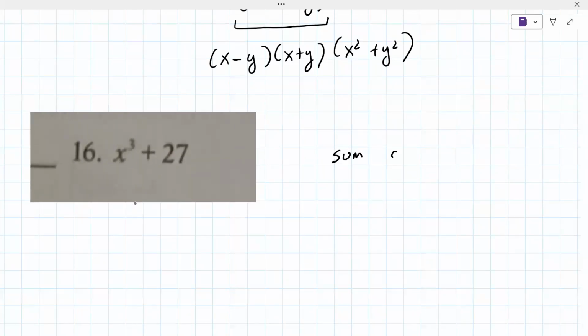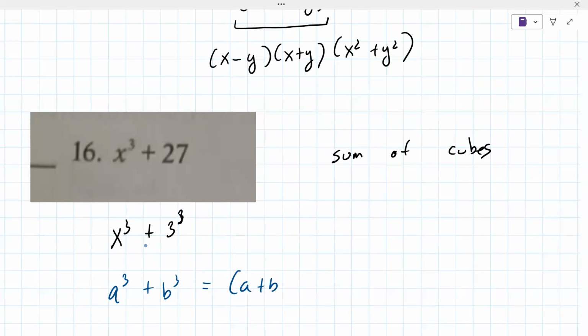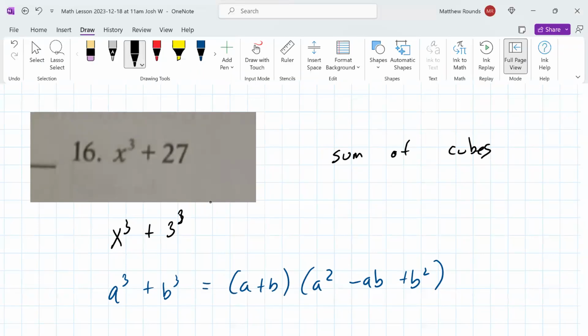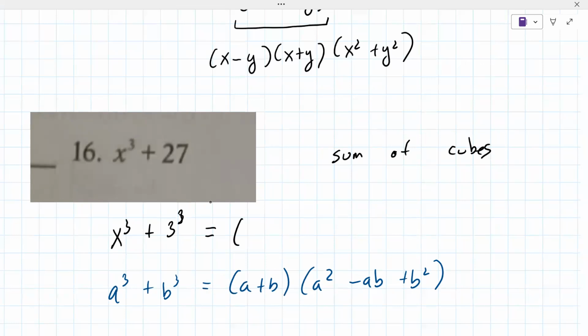This is a sum of cubes. So it's really x cubed plus 3 cubed. For this one, I will write the formula because maybe you haven't seen it in a while. It becomes a plus b, a squared minus ab plus b squared. So that's x plus 3, x squared minus 3x plus 3 squared.